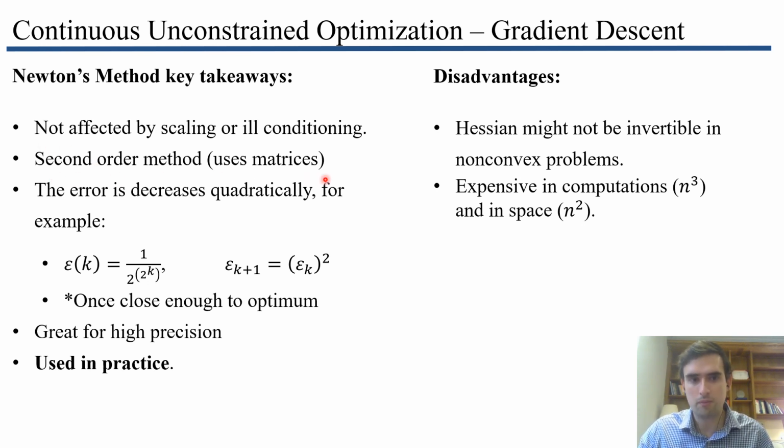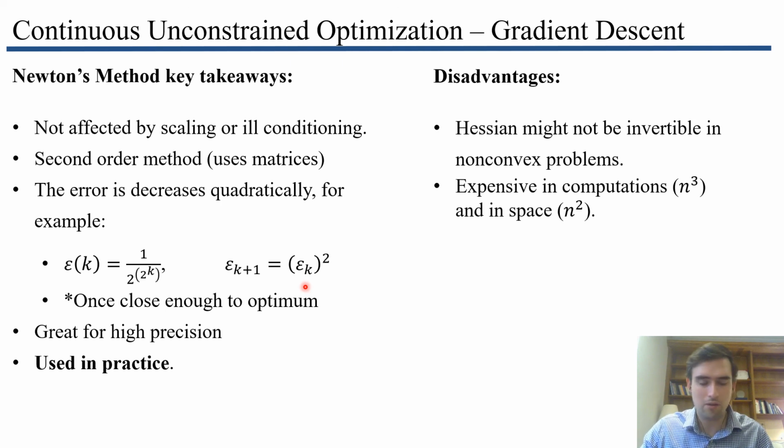It's a second order method, so it uses the Hessian. The error decreases quadratically. This means that, let's assume the error is less than 1, the error at one iteration is equal to the error at the past iteration squared. So once your error is small, you're going to go very, very fast to the optimum.